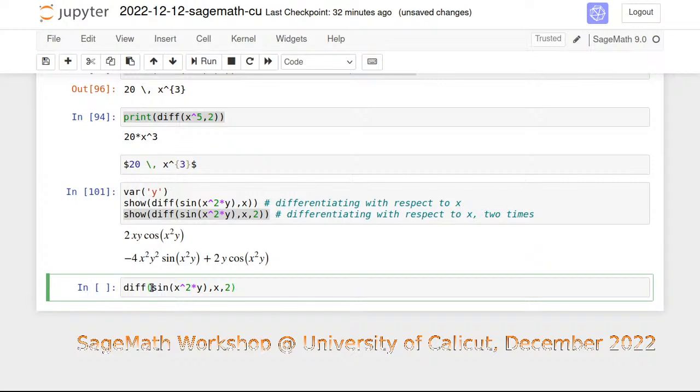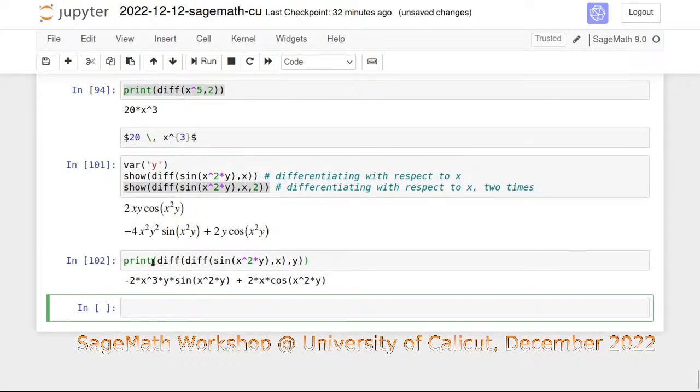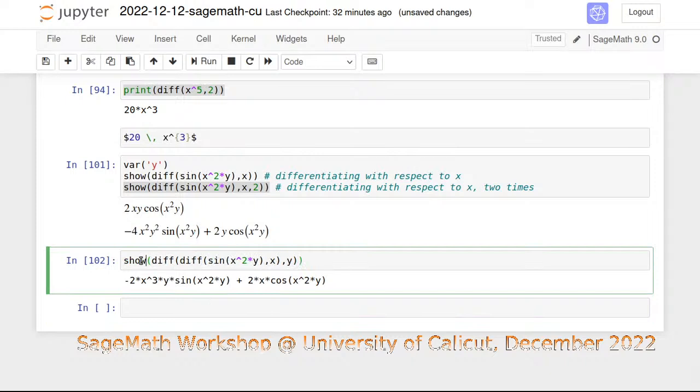Here diff is applied once. Now suppose that you want to differentiate over y as well. So the first differentiation will be over x, the second over y. Okay, diff is not specified. Diff, sorry. So you have to use diff 2 times. Maybe show is a better choice.